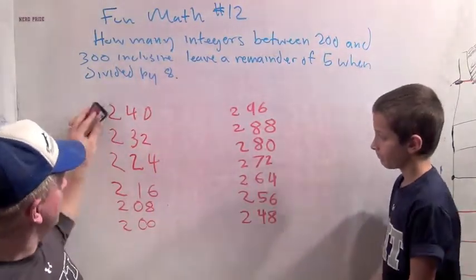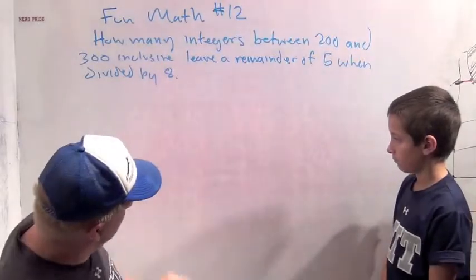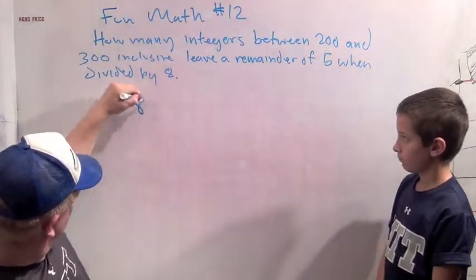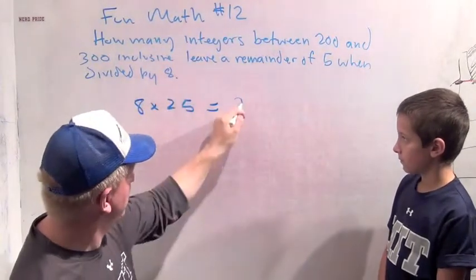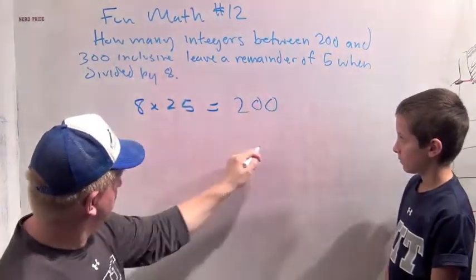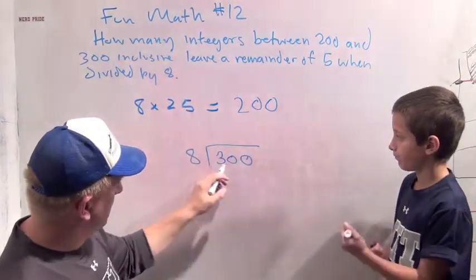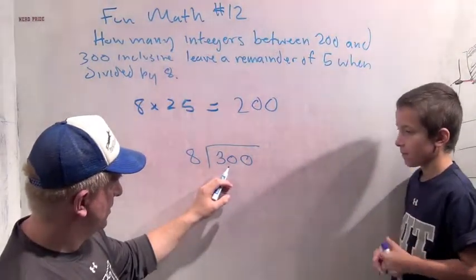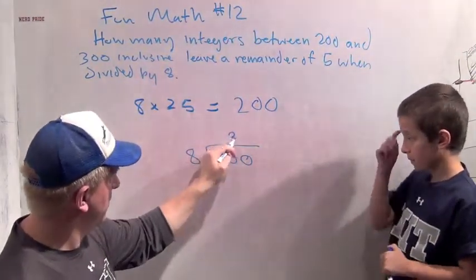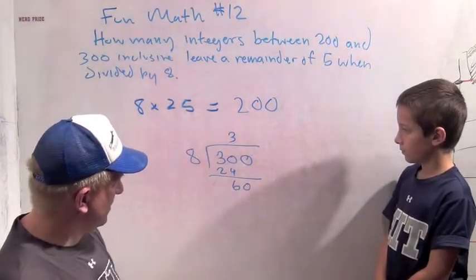The next thing I could have done is I could have said 8 times 25 is 200. And then I could have divided 300 by 8. Let's do that real quick. 8 goes into 30 how many times? 8 times 3 is 24, leaving 60.